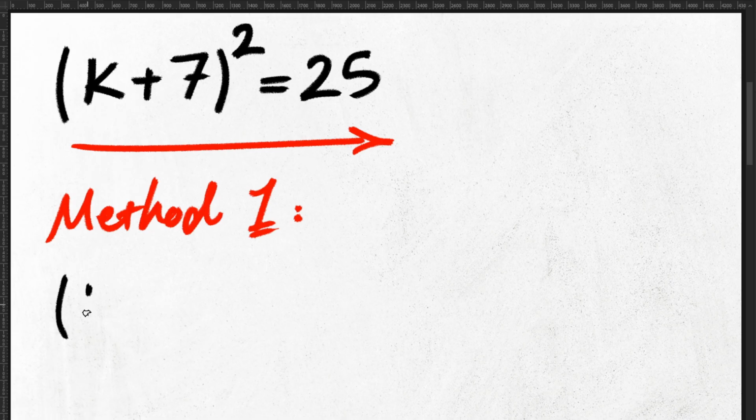We start with the equation (k + 7)² = 25.